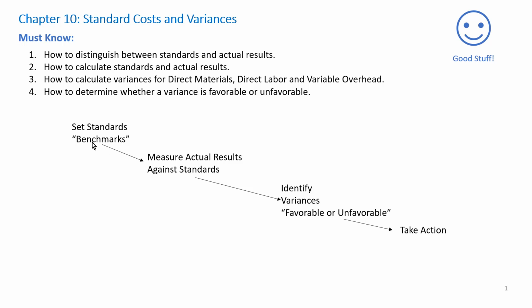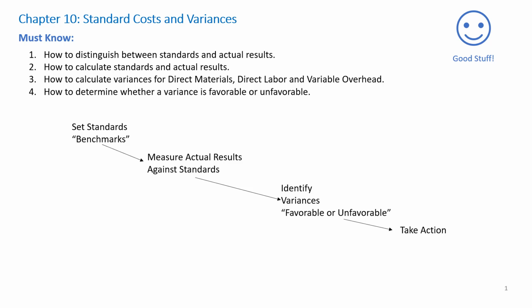The actual results are what actually happened. The difference between the standard and what actually occurred is called the variance. Variance analysis compares the actual results with the standard set and assesses whether actual results are favorable or unfavorable.